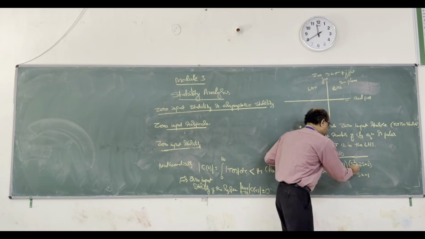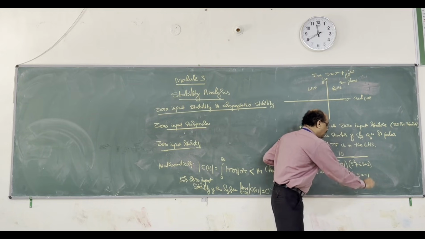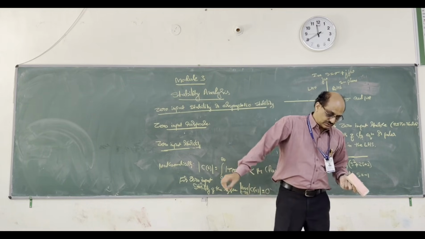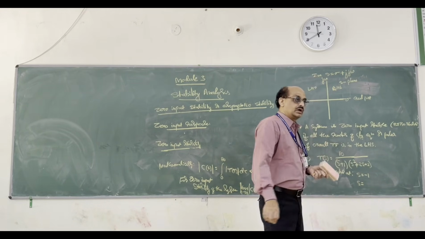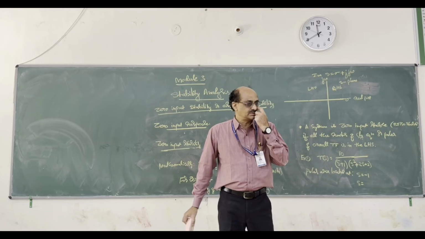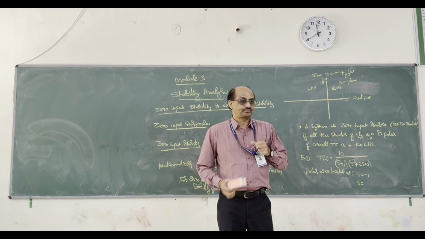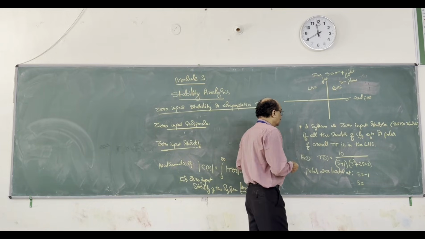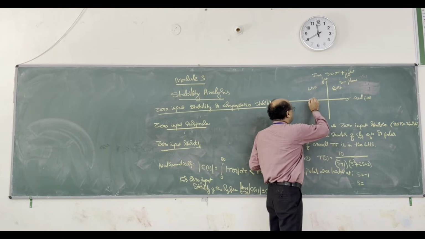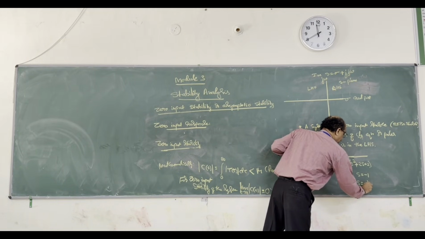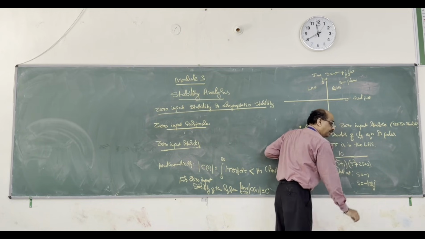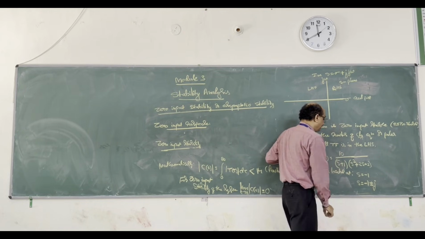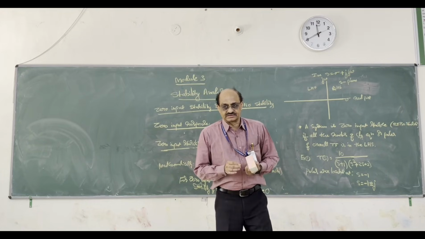The roots corresponding to s square plus 2s plus 2 give you the complex conjugate form, minus 1 plus or minus j.